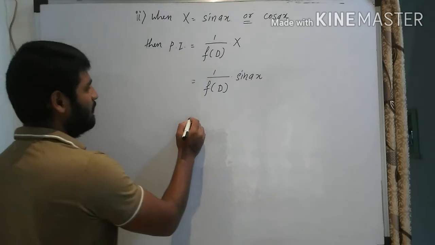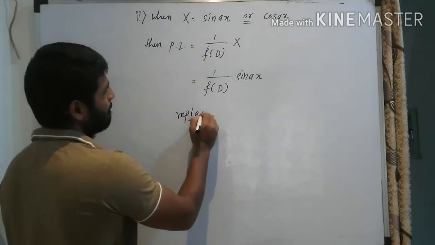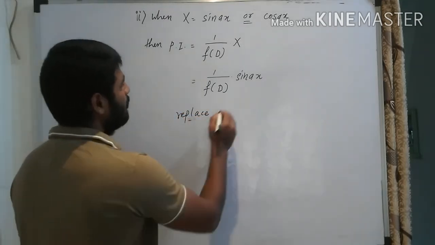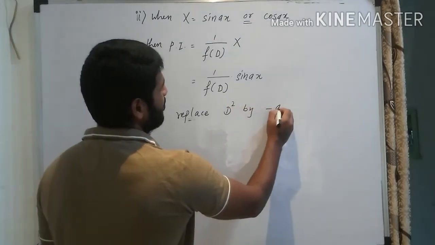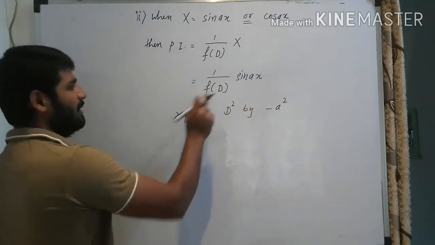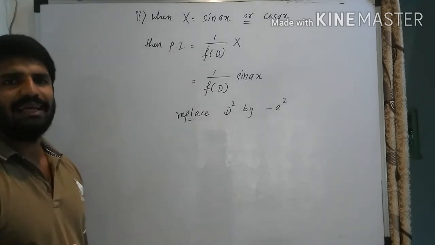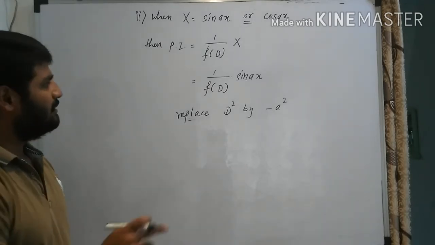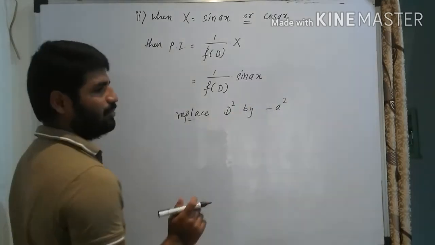Now in the next step we have to replace D square by minus a square. So f of D contains D cube, D square, D raised to 4, like that. Wherever there is D square, we replace this D square by minus a square.